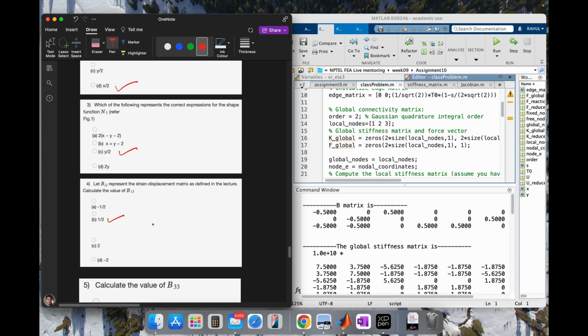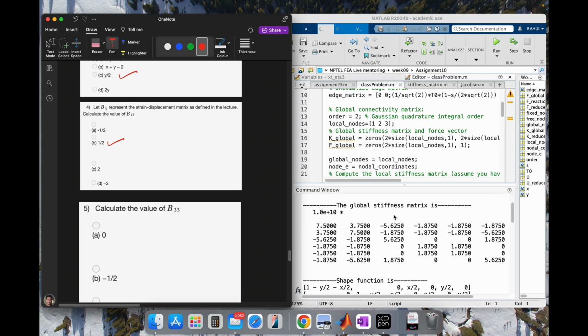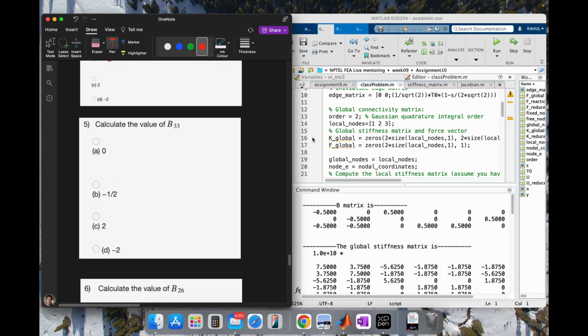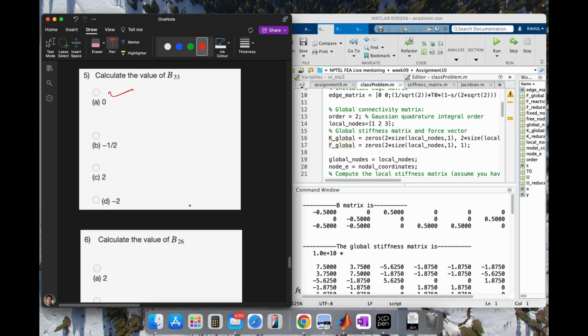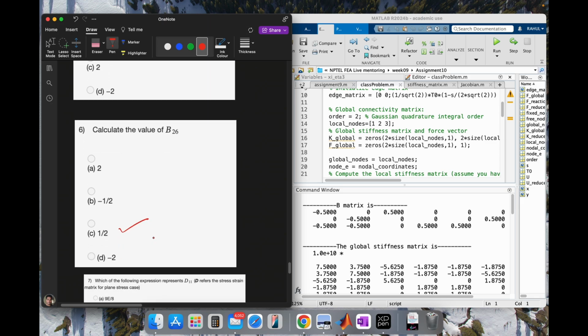Now it is saying 3 and 3, so the answer will be 0. Next it is asking what is B26? 2 and 6, that will be 0.5.